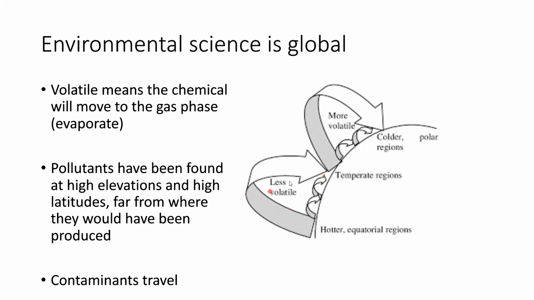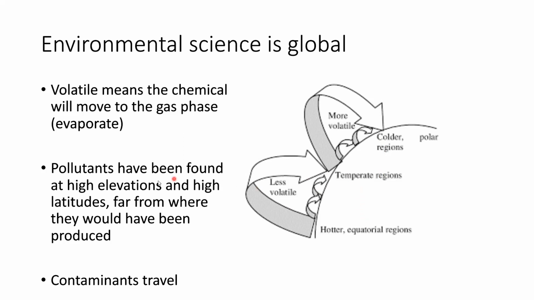In some cases, some of those chemicals may get to a mid-latitude, maybe where we are here in Washington, where it's a little bit colder than the equator, but it's not quite freezing. But then even more volatile substances can continue going all the way up to the North Pole, and then they'll deposit there where it's freezing. Same thing if it goes high up into the mountains where it's colder, they'll deposit up there.